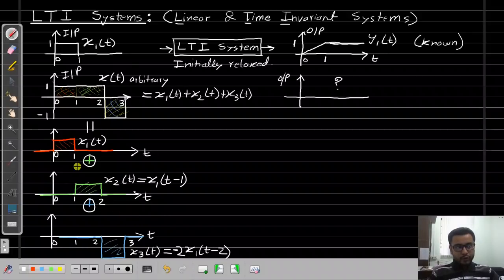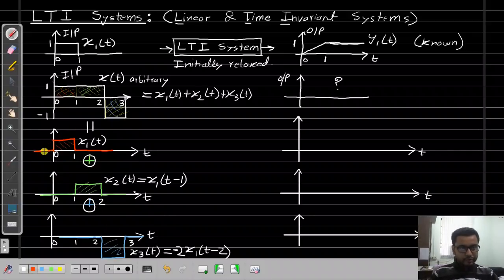Okay, now I will calculate the output for these three individual inputs. Let me first calculate the output for x1(t), but that is already given.